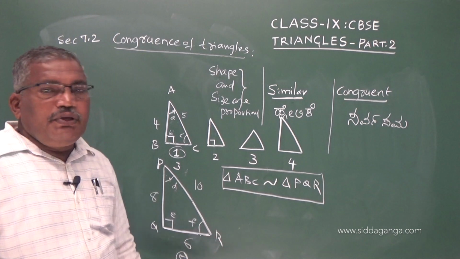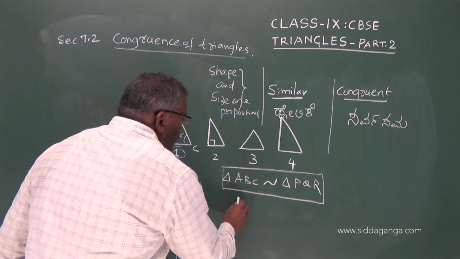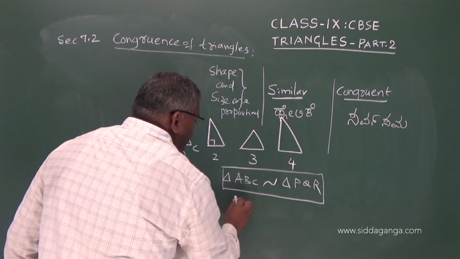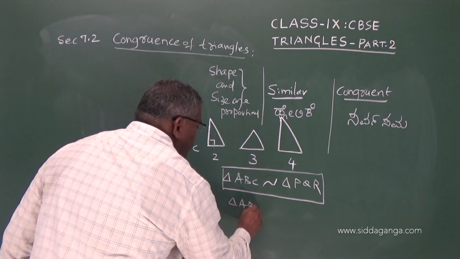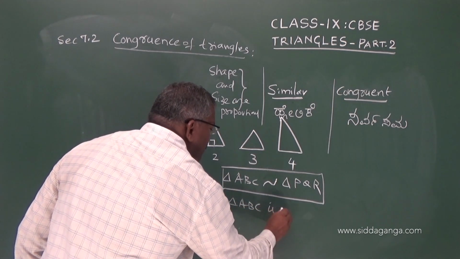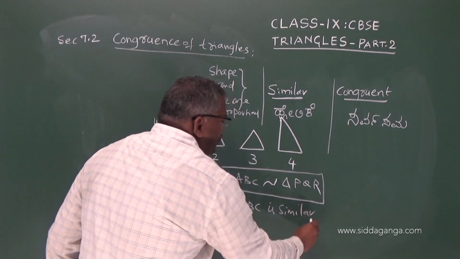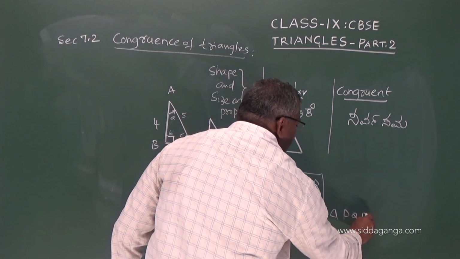So this is what, and we write it as ABC, and if you write this, we read it like this: triangle ABC is similar to triangle PQR.